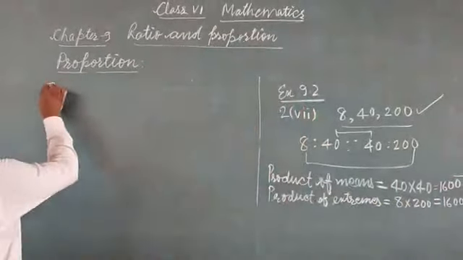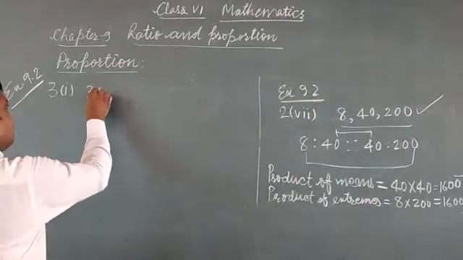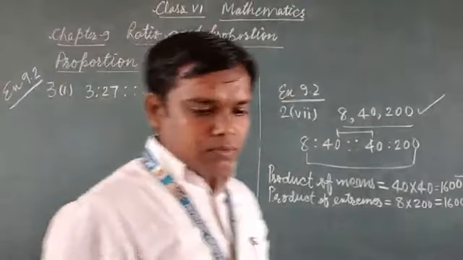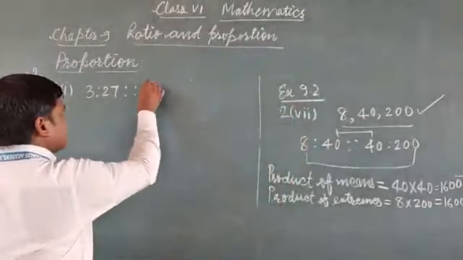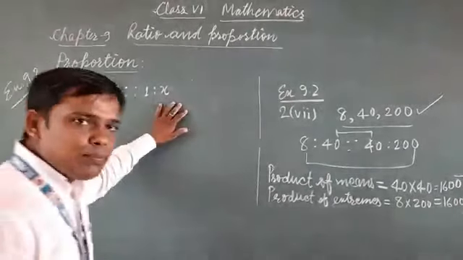Find the value of x in each of the following proportions. The first is written as 3 is to 27 proportion to 1 is to x. It is already written in proportion.